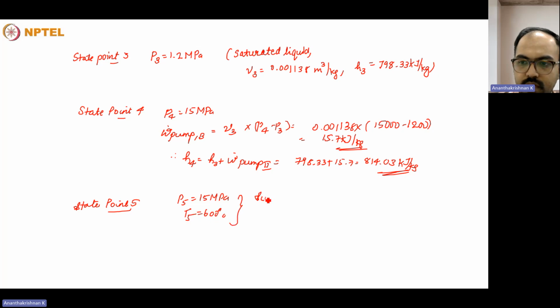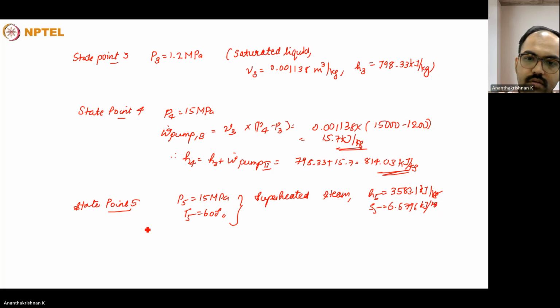So corresponding to superheated steam, H5 will be equal to 3583.1 kilojoule per kilogram, and S5 will be 6.6796 kilojoule per kilogram Kelvin. And state point 6, we do not know.